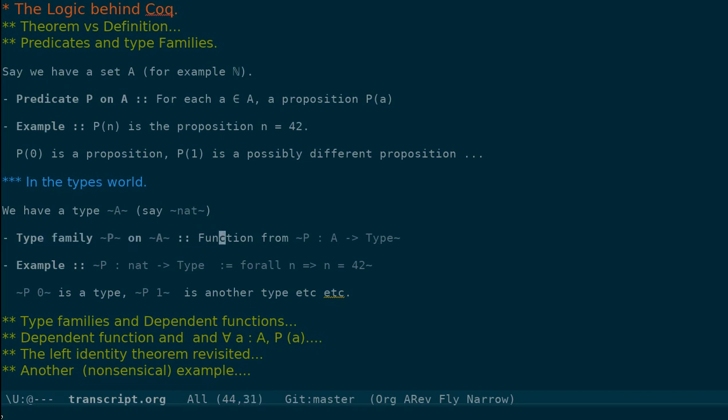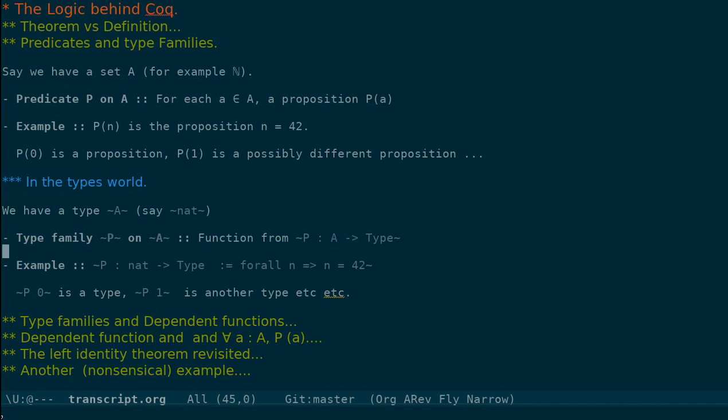That is, a function P from A to the universe of all types. There is no such thing, but let's take it for that case.